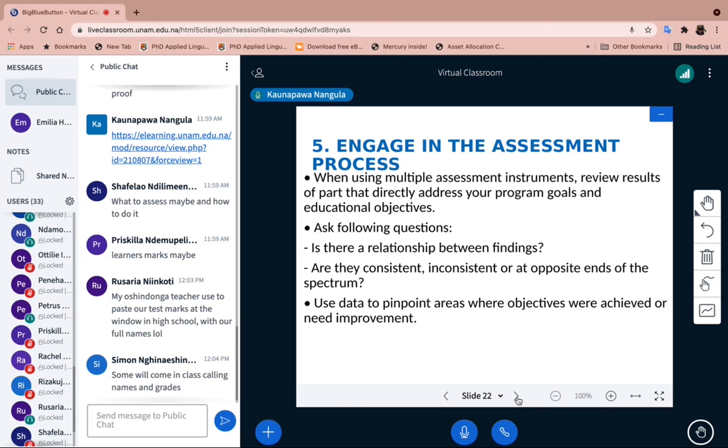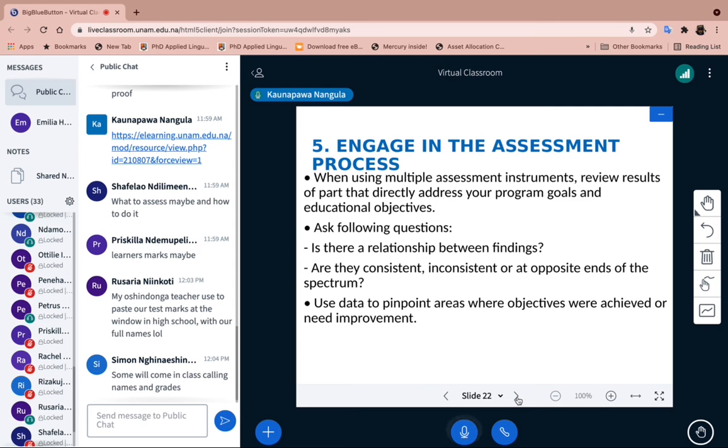The program here means the school goals, and the educational objectives as well that have been set by the ministry, or even the ones that you have set within your school. And then ask the following questions, such as, is there a relationship between the findings? Findings here means the results that you got from your students' performance.